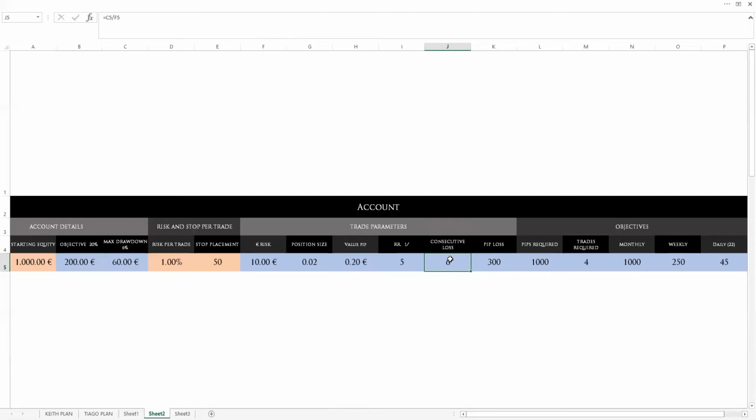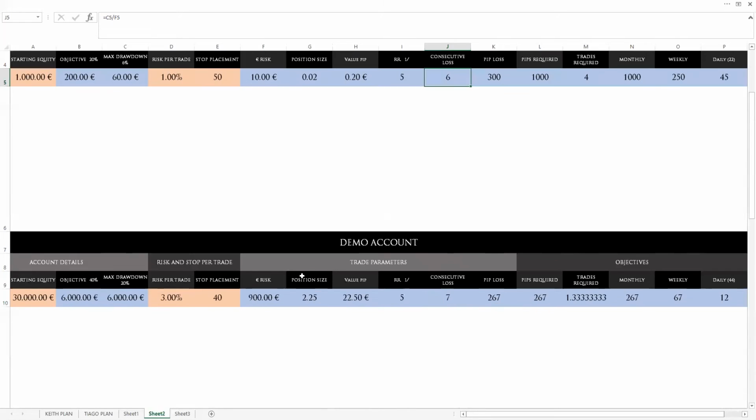If I lose 6 trades in a row, I'll get to this, not here, to this drawdown. I may lose 267 pips, and I have to make 267 pips.